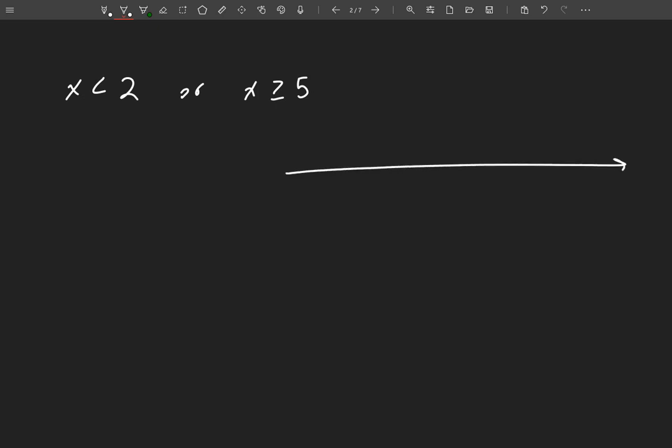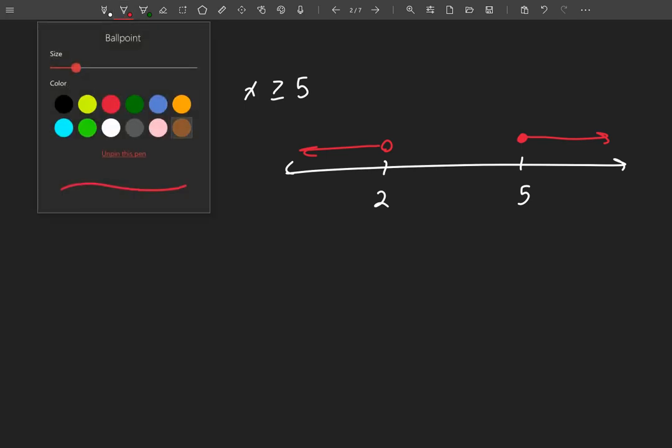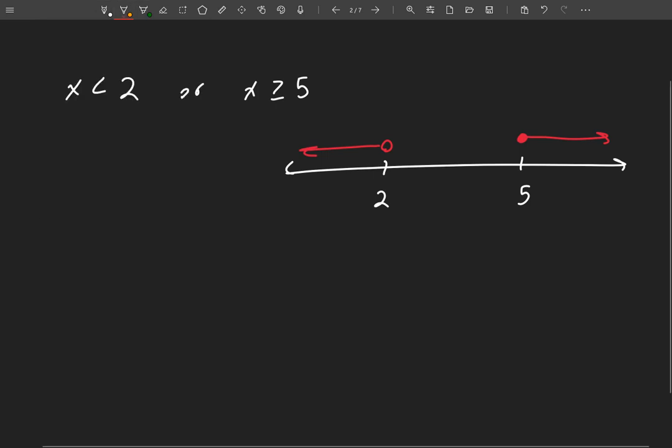So here's my line, and I've got 2, and I've got 5, and a circle over 2, because there's no equal sign, and a dot over 5, because there's an equal sign. X is bigger than or equal to 5, so that's numbers up here. Less than 2, that's numbers down here. So that's our picture.